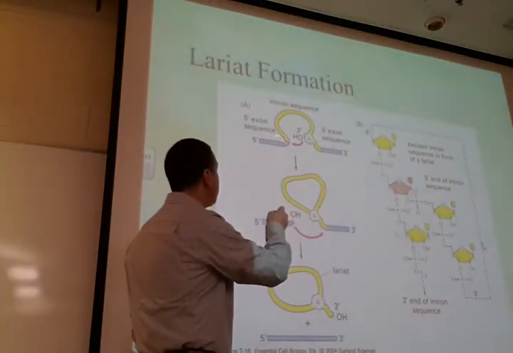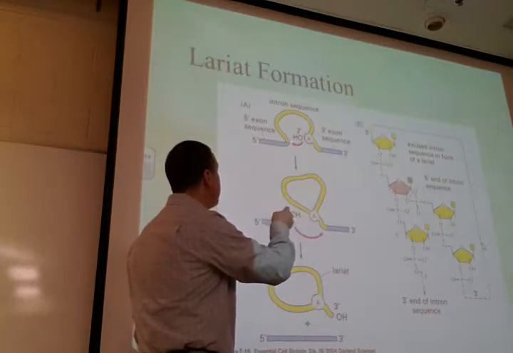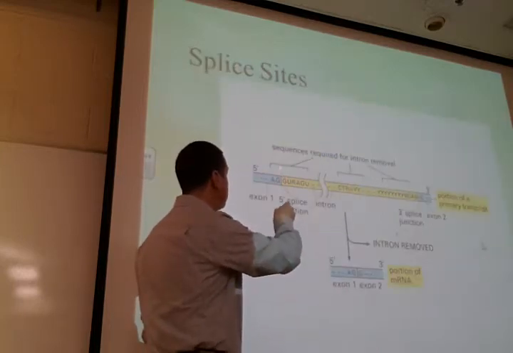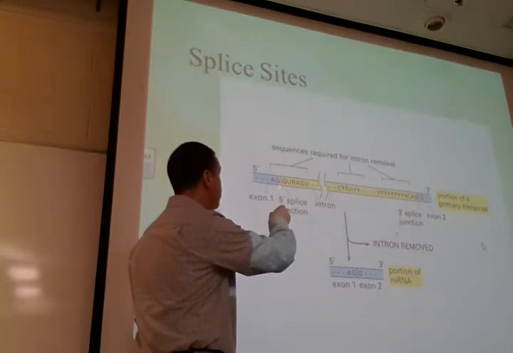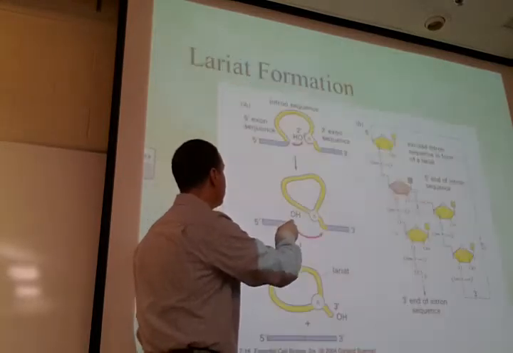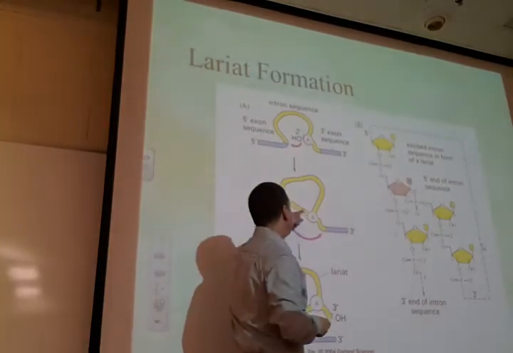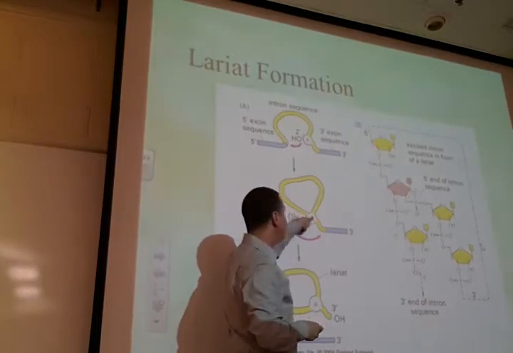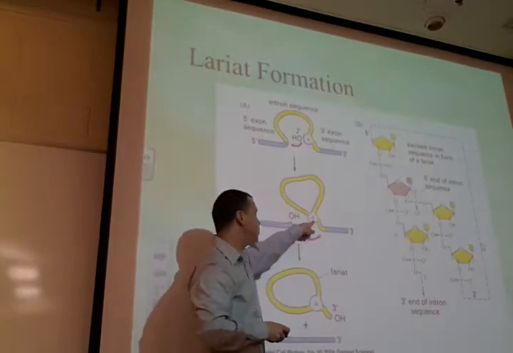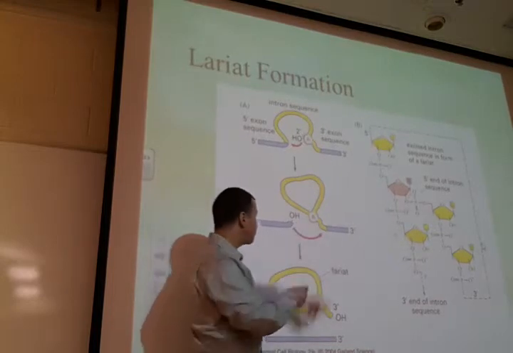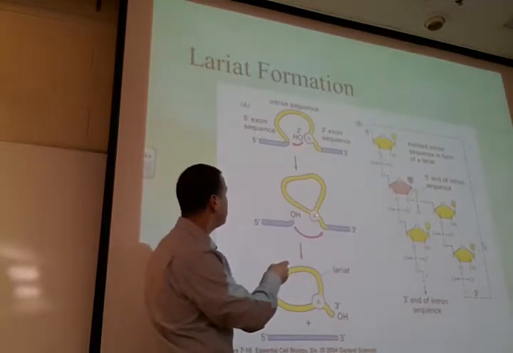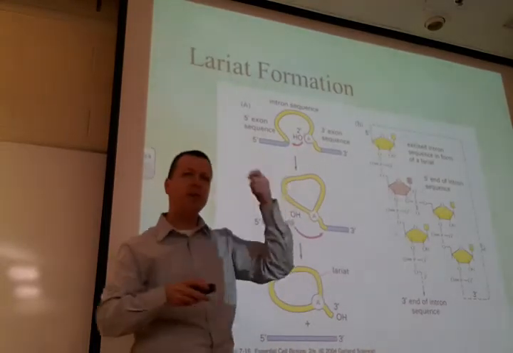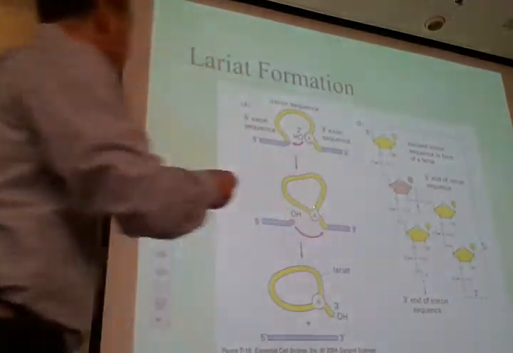First, it breaks that phosphodiester bond right there between the two G's, and then connects the first part of the intron to an internal adenine and creates what's sometimes referred to as a lariat.